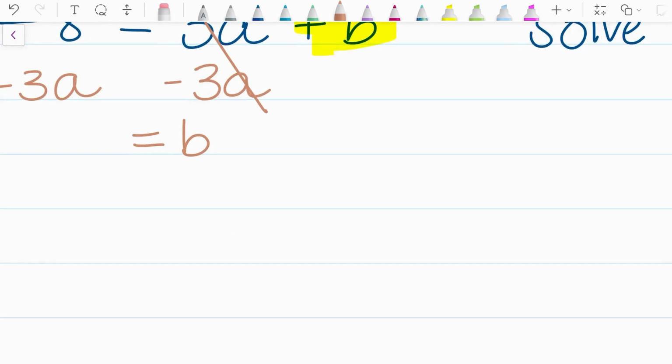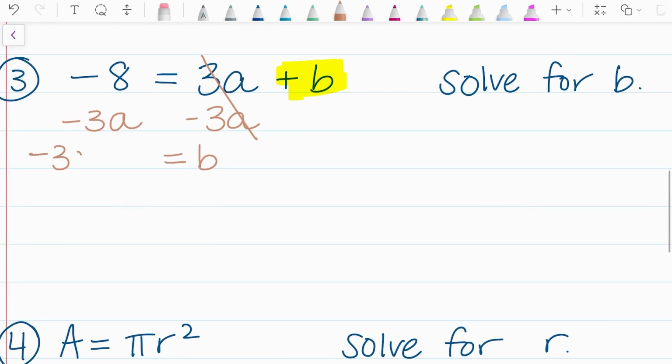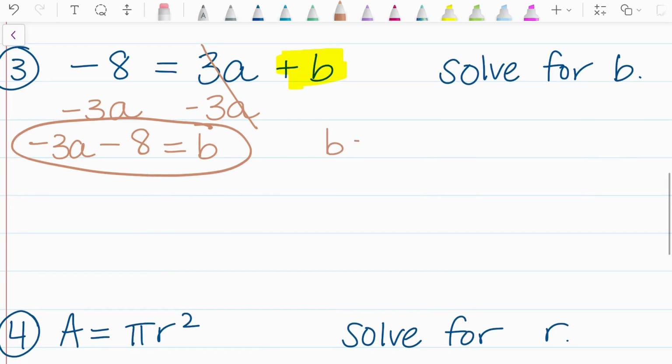And I have negative 3a minus 8. Again, you are done, but you could rewrite it as b equals negative 3a minus 8. You can also write it as negative 8 minus 3a. All of these things are the same. They are all correct. I'm just keeping the sign in front of the number.